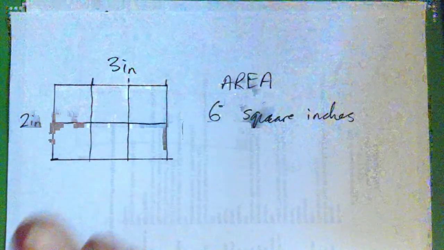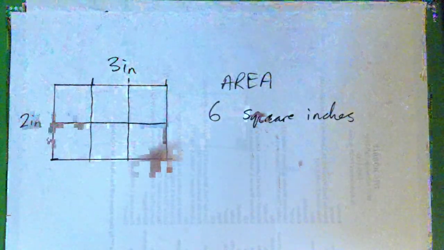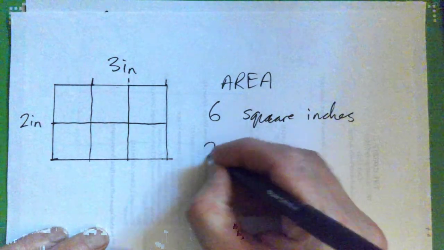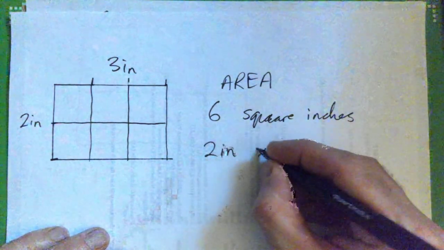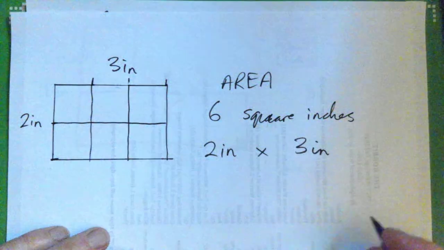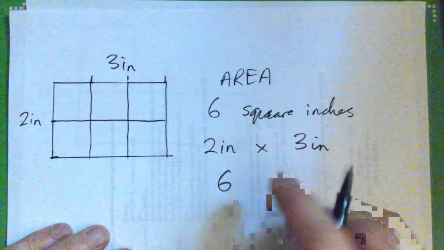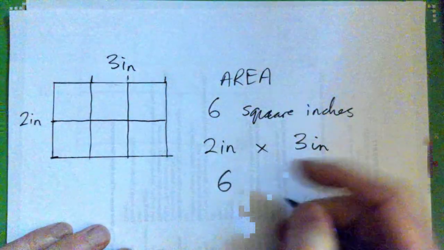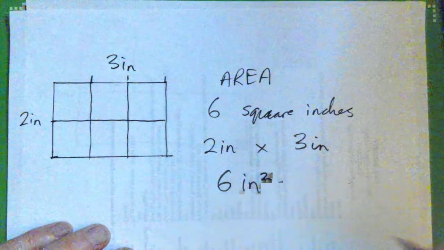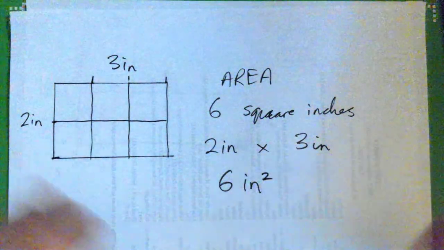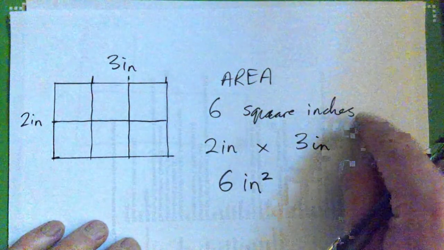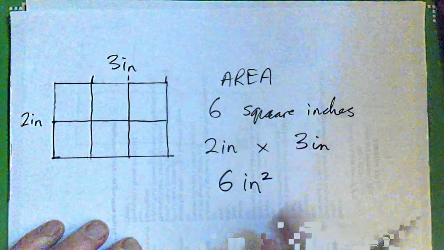But the quick way to do that would be to multiply. You just go 2 inches times 3 inches. Now, 2 times 3 makes 6. And funny enough, inch times inch makes inch squared. Isn't that funny? It's a little math symbolism there. And that inch squared actually means square inches. How funny is that? So there you go.